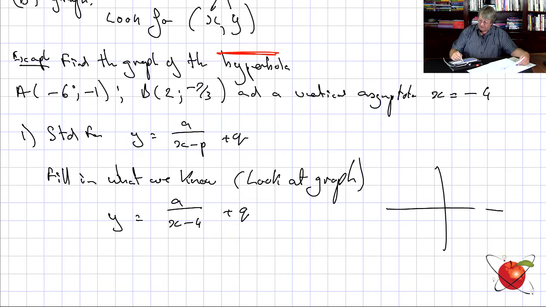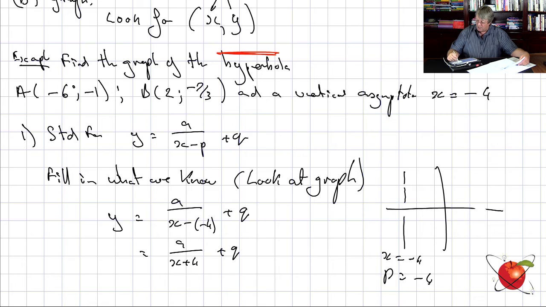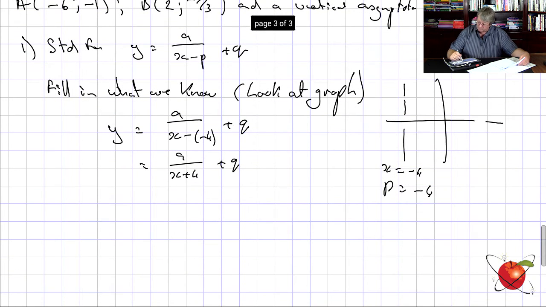I'm thinking of a completely different graph here. So x equals minus 4, so I've got to put in there minus p equals minus 4, is going to be y equals a over x plus 4, plus q. My apologies for that. Okay, so we've got that.